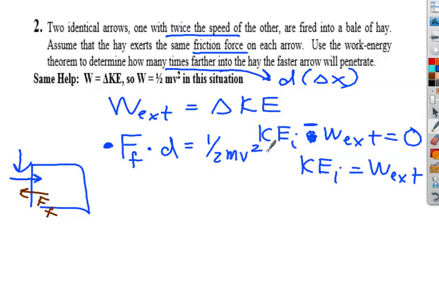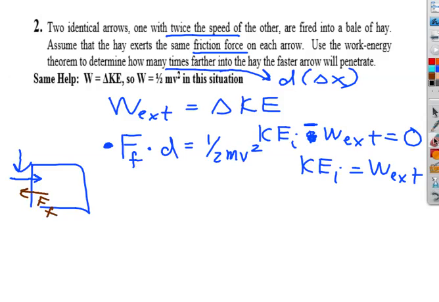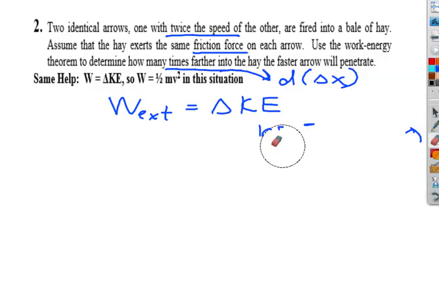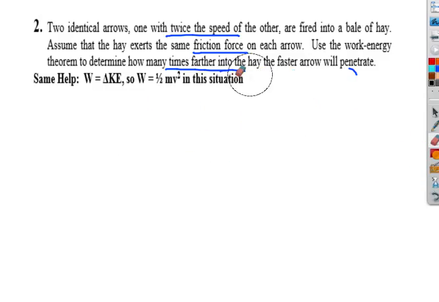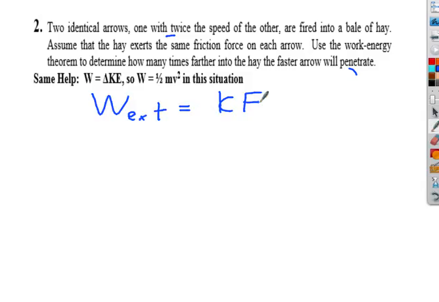I'm going to rewrite that to get rid of some of this stuff. We're doing work external equals initial kinetic energy, and so F of F times d equals 1/2 mv squared.